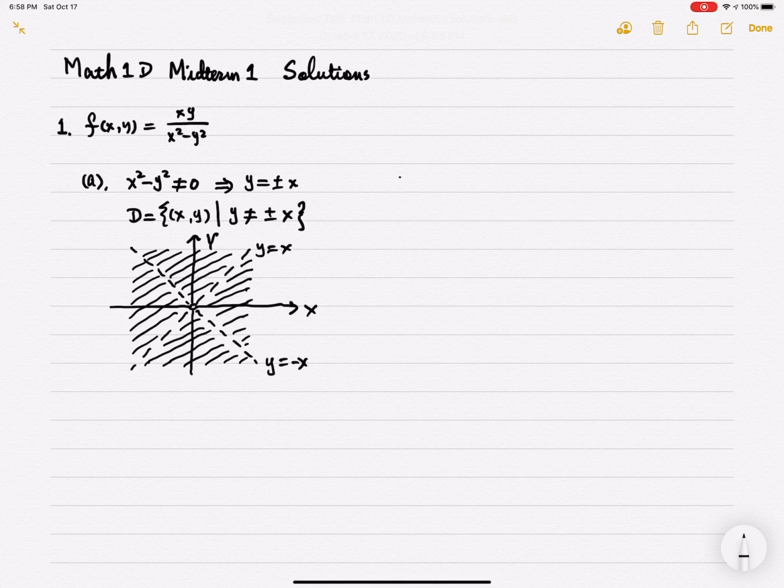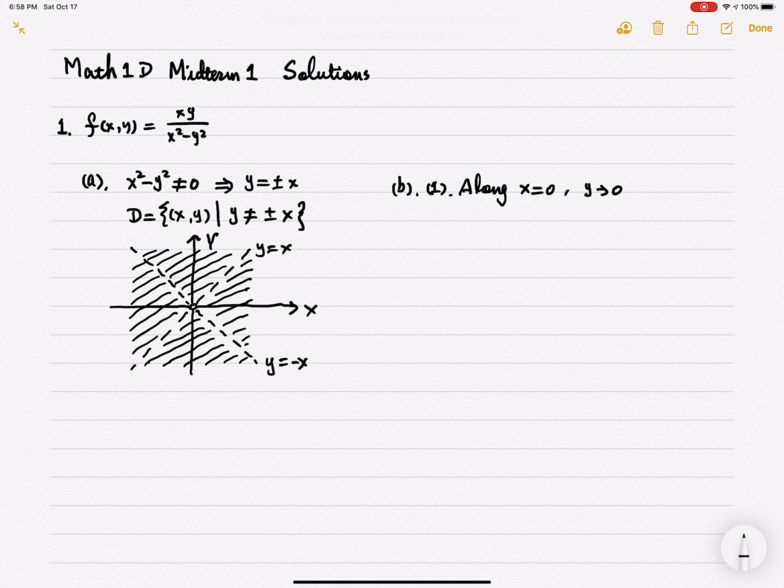Part B, we ask you to find the limit when x, y both go to 0. Well, let's look at it. First of all, we go along x equal to 0 and let y approach 0.